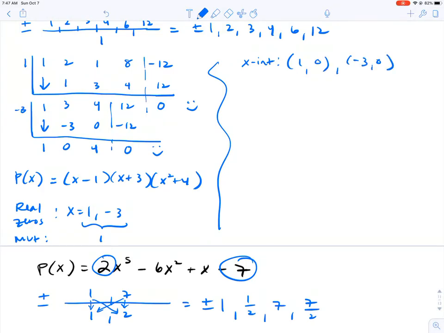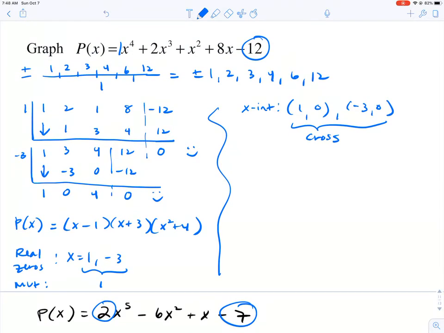So the x-intercepts will again both cross. The y-intercept of -12.